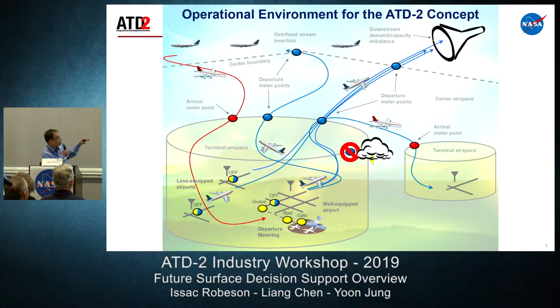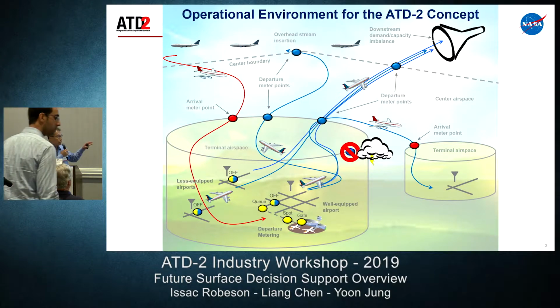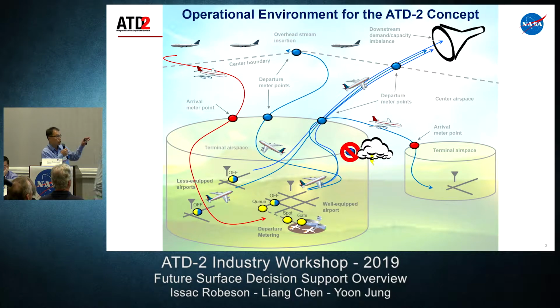These are the operational environment for the ATD2 project throughout the phases. Phases 1, 2, and 3 address all these issues related to these operations in a huge area to make integrated arrival, departure, and surface operations. But phase 1 and phase 2 are more like surface related problems and also overhead stream insertions.